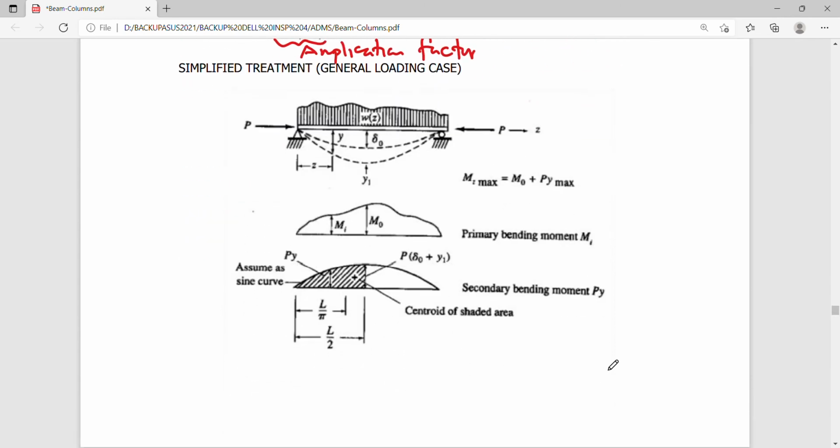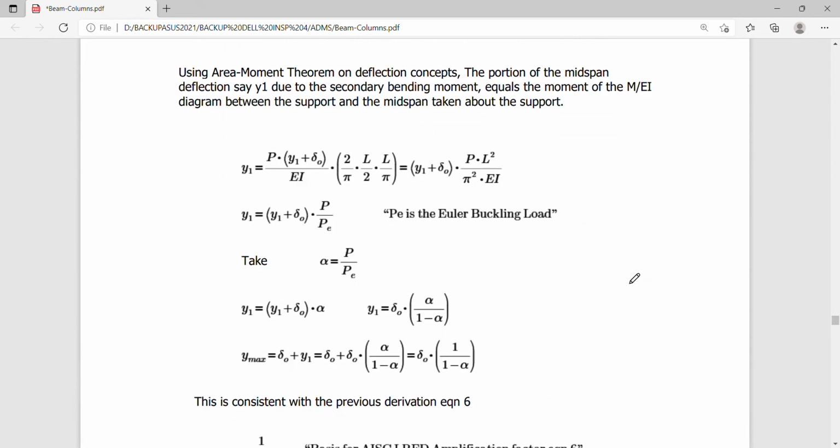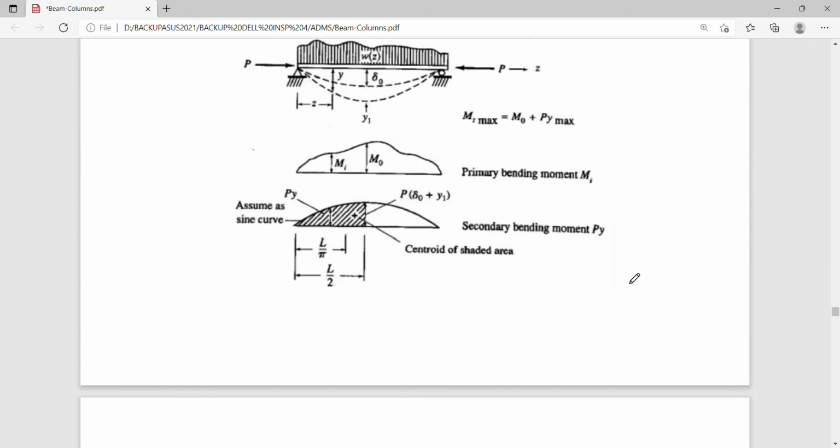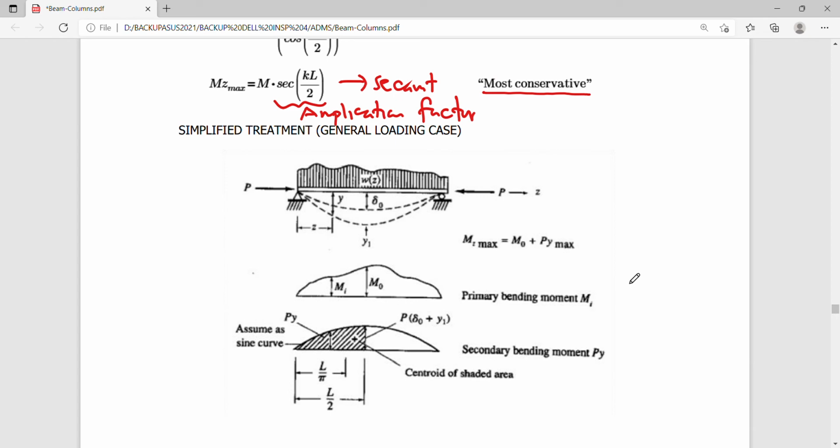So there's a simplified treatment for this, which I already introduced in the first part, but this is much clearer than the first derivation I made, though they are almost of the same nature. So consider a general loading condition, but this is a simplified treatment.